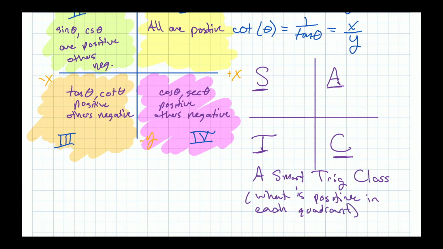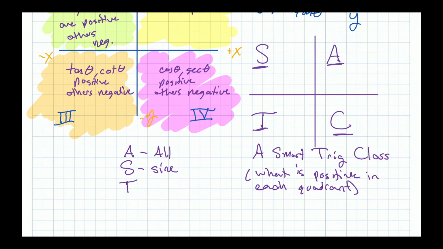And the way it works is A is for all. All of them are positive in quadrant 1. The S, which is smart, but it stands for sine. The T stands for tangent. And the C stands for cosine.